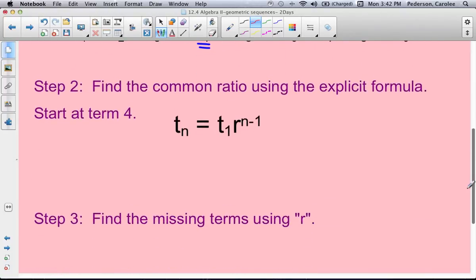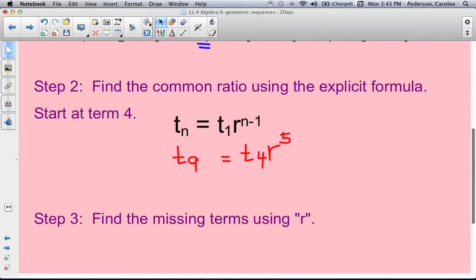So step 2 is to find the common ratio using the explicit formula. Term 4 is where we're starting, and I want to finish at term 9. My common ratio is unknown, and I have 5 of those that I have to jump. 5 common ratios.